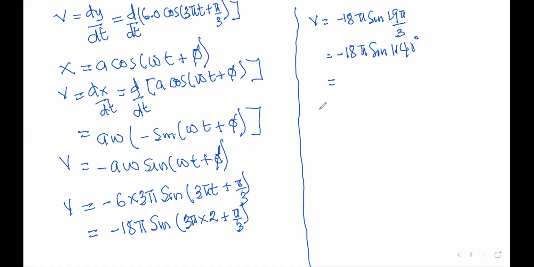And this must give you approximately negative 49 meters per second, or negative 48.98. Okay. So this will also be the velocity at the time t is equal to that. Class, are we okay?